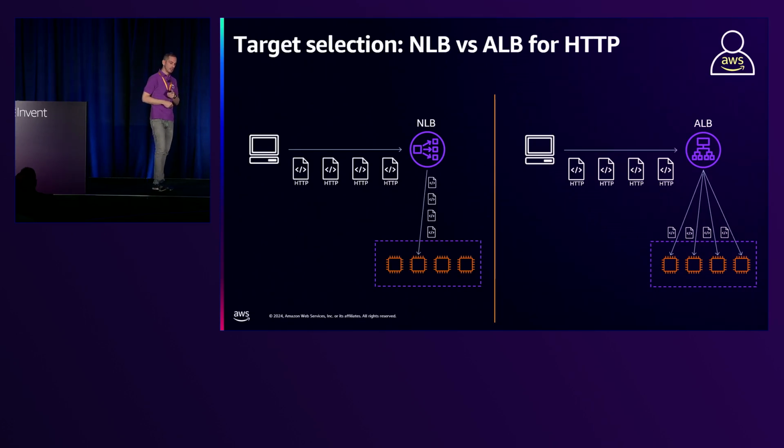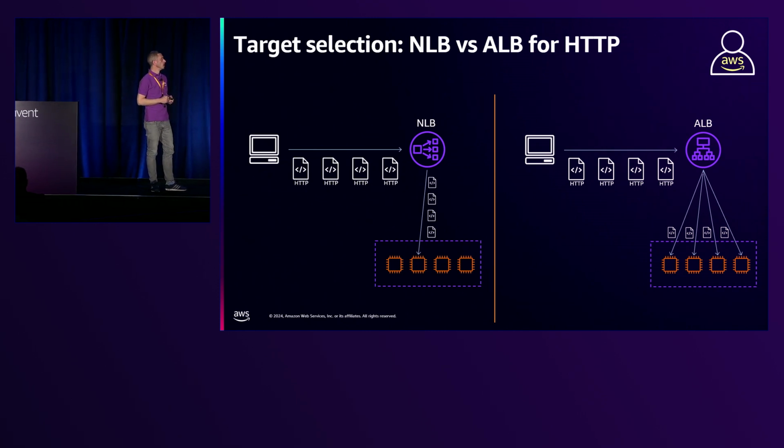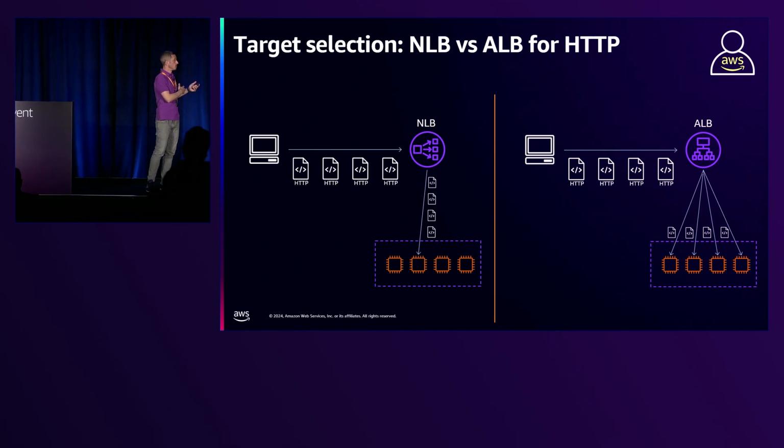Now, if we take this example and use a Network Load Balancer, as on the left of this slide, for what we shared so far, the NLB will route all those HTTP requests to the same target behind. This is because, as said many times, ALB is capable of routing HTTP requests, NLB routes connections.